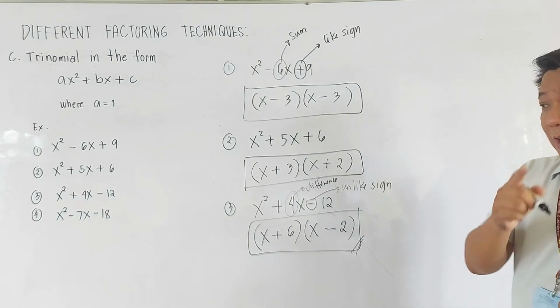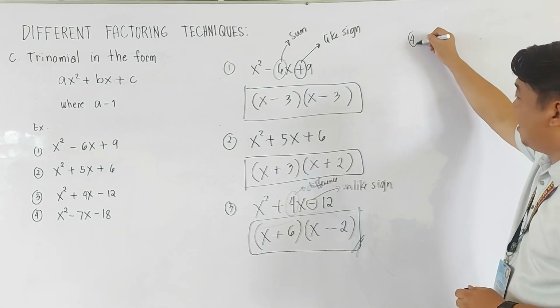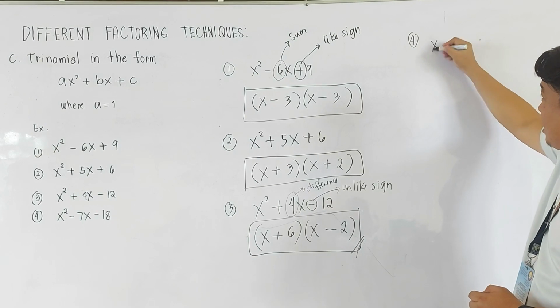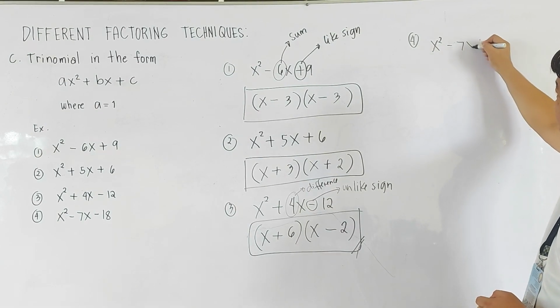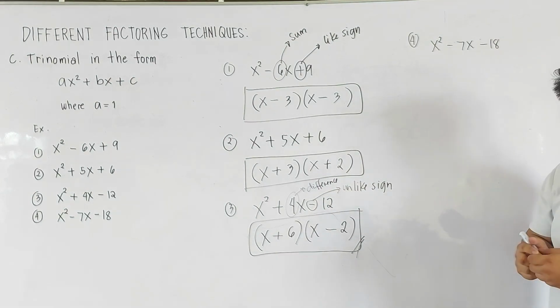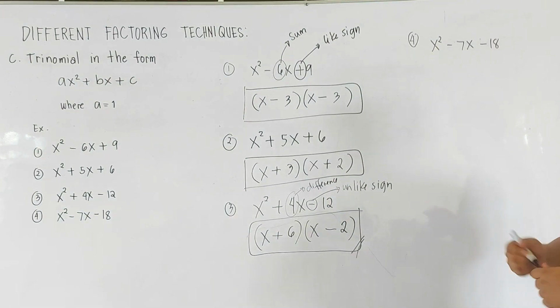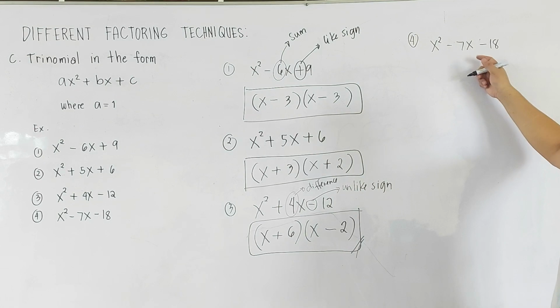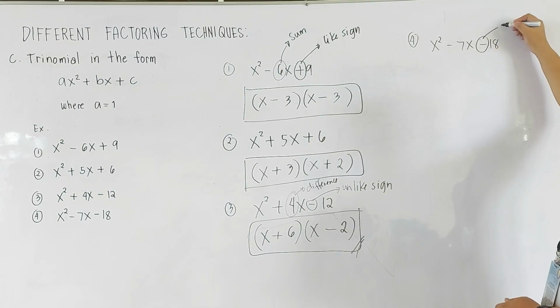Alright, so for example, number 4, we have x squared minus 7x minus 18. Okay, so ang technique nga natin kanina, if the sign of the last term is negative, ibig sabihin, unlike sign.